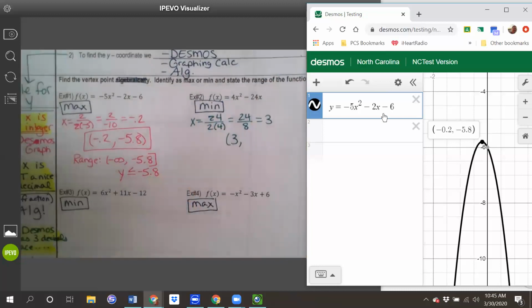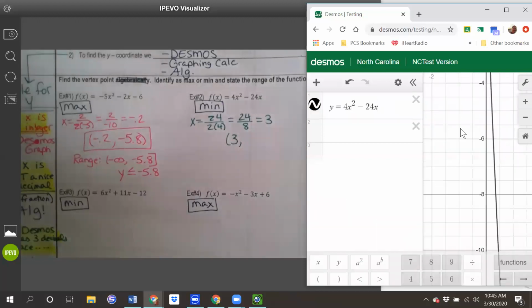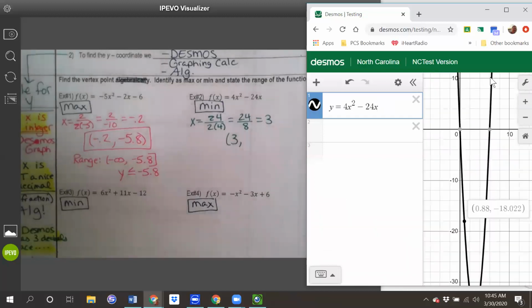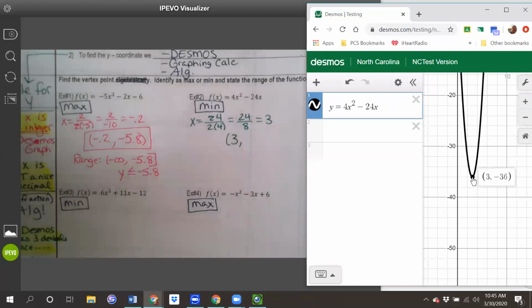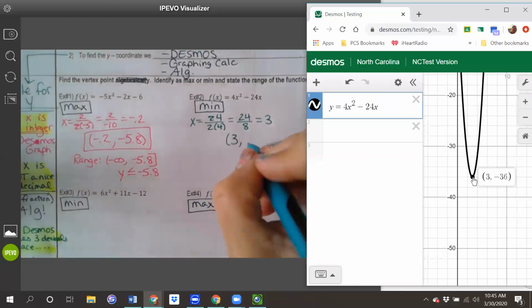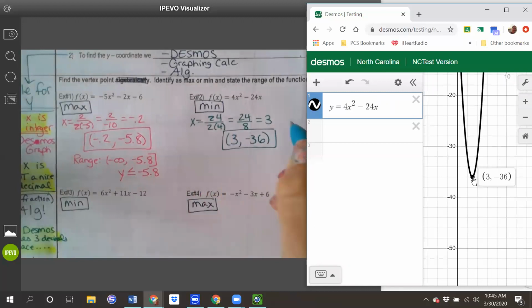I've got a nice number to work with, and I am going to make that 4x squared minus 24x, and then I'm going to get rid of that. Okay, so scrolling, dragging, grabbing, zooming, and here is my vertex. So 3 comma negative 36 is the vertex.